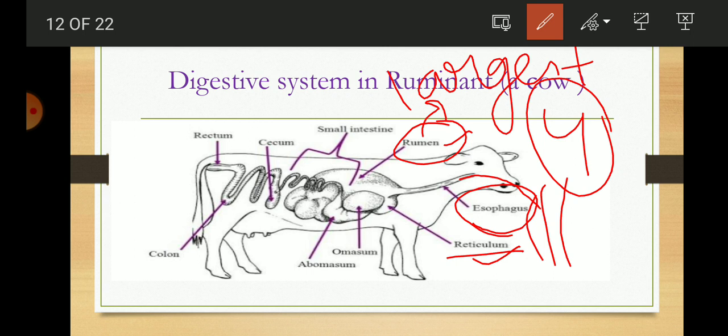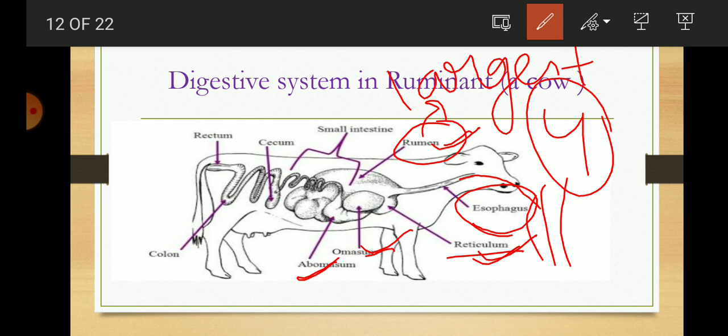The third chamber is the omasum and the fourth chamber is the abomasum. So the first one is rumen, second is reticulum, third is omasum, fourth is abomasum. Don't be confused about the chambers of the ruminant stomach.